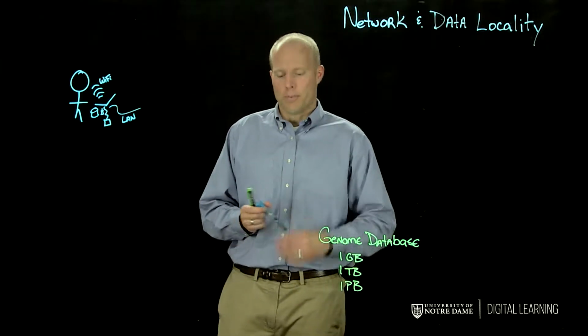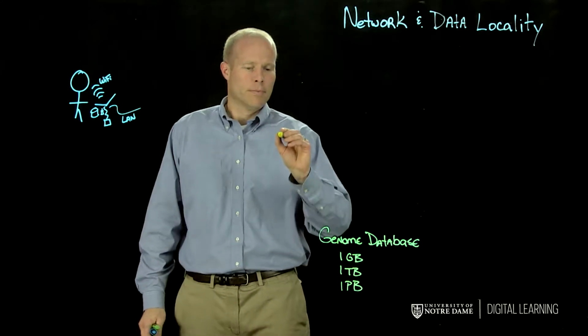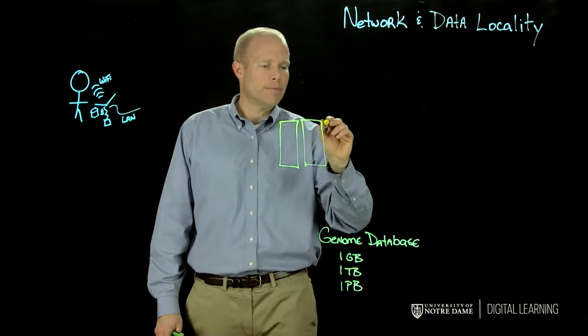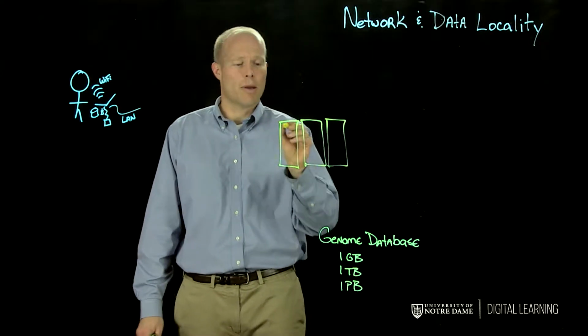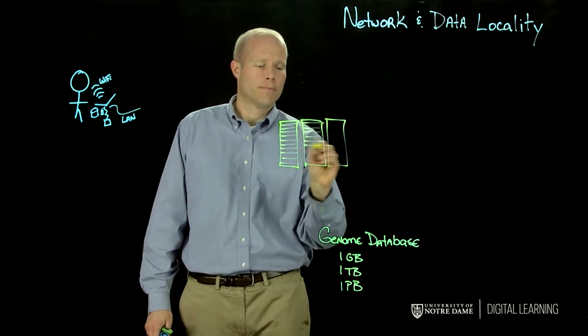That's another example. You've been learning about high performance and high throughput computing. So what does that look like? You've got tens, hundreds, maybe thousands of compute systems in the clusters.